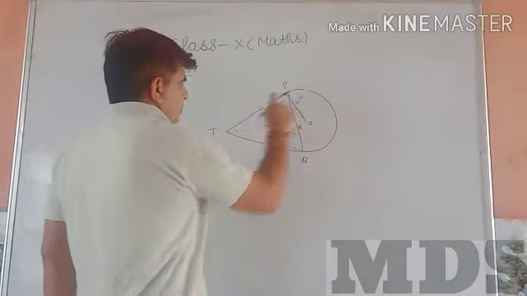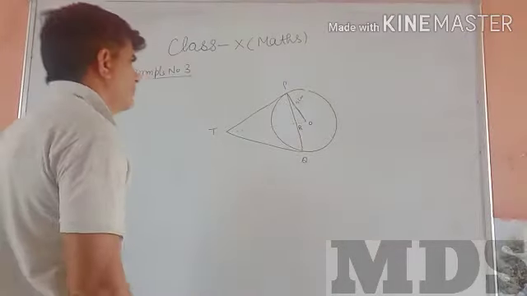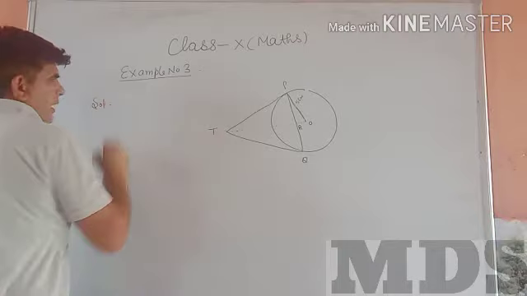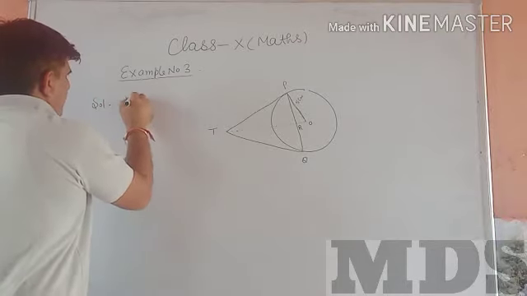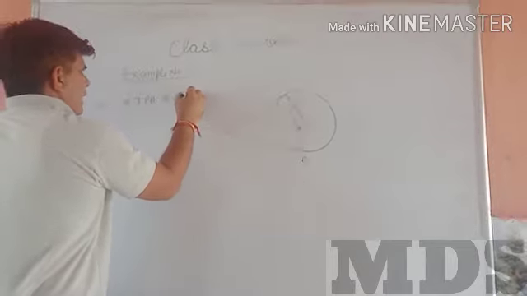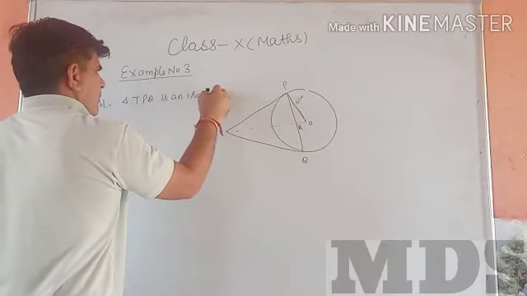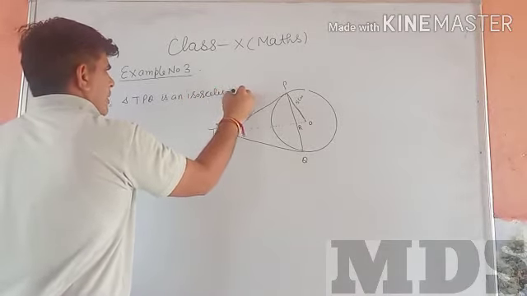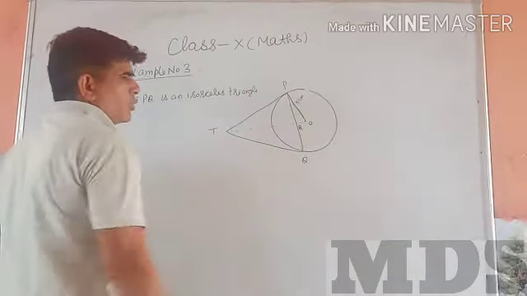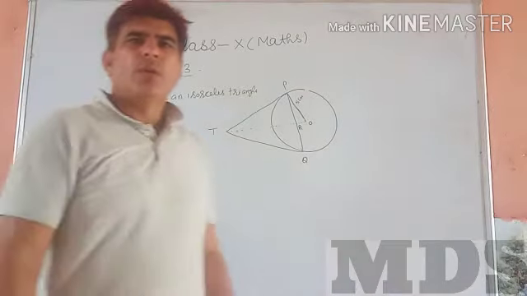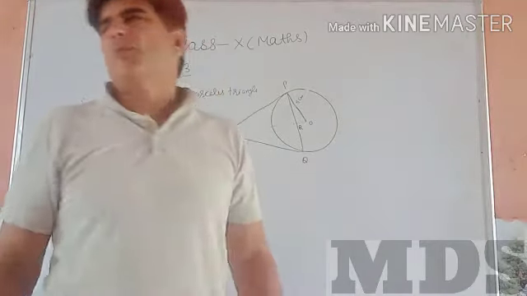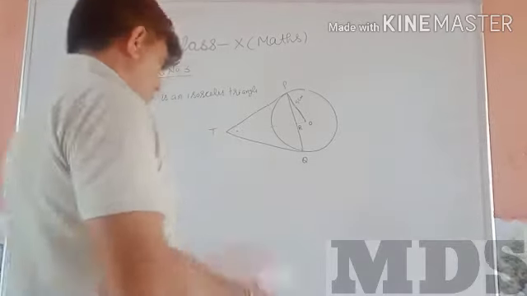Solution. Triangle TPQ is an isosceles triangle. Why? Because TP equals TQ. You know tangents drawn from a point outside the circle are always equal.